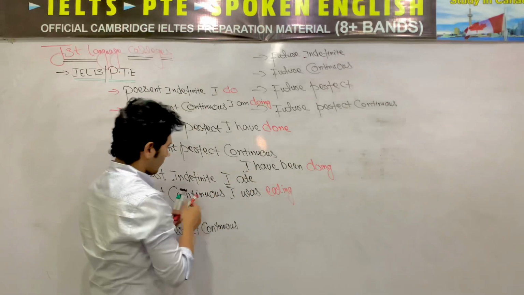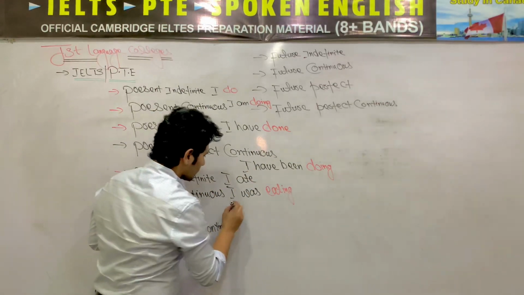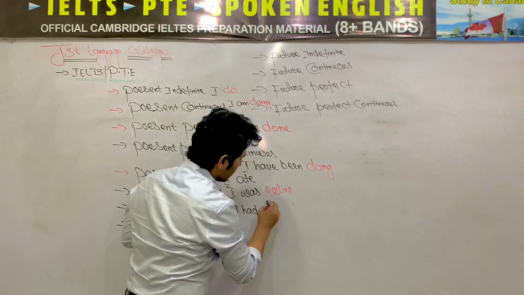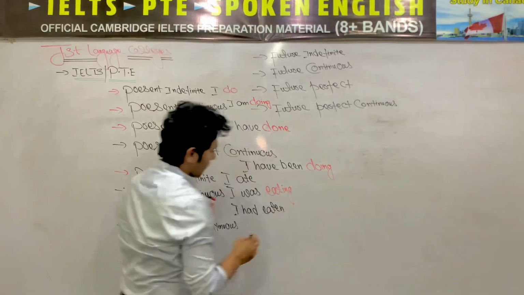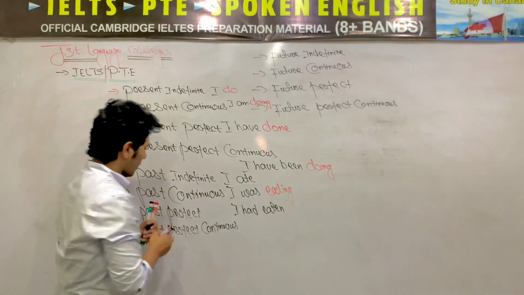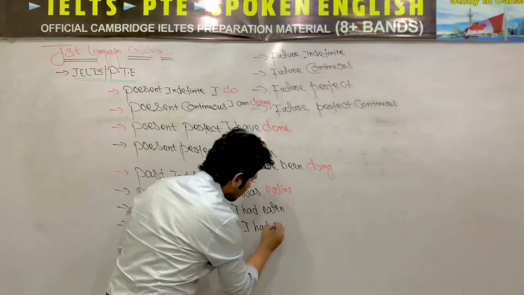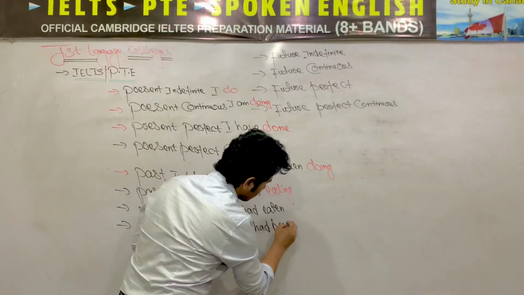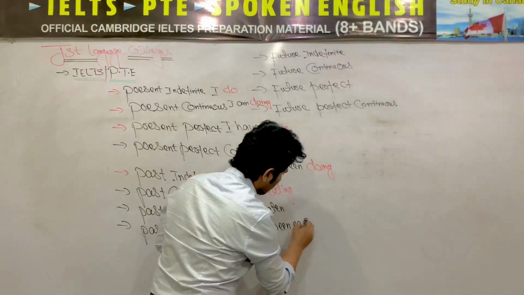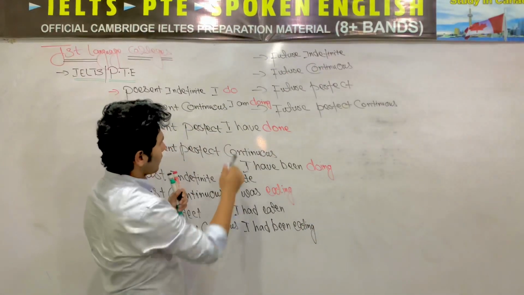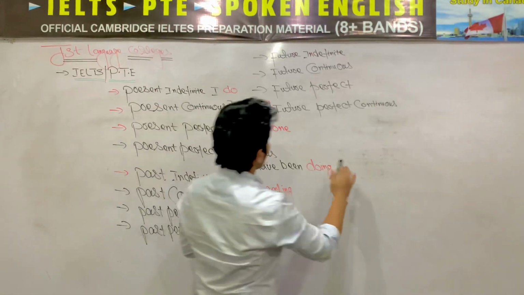Then we have to use the fourth form: I had eaten, the past participle along with had. And I had been eating, just like we have done here with the fourth form.